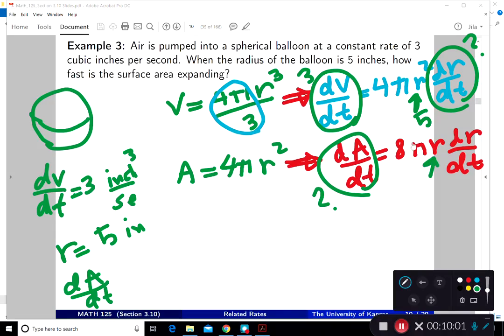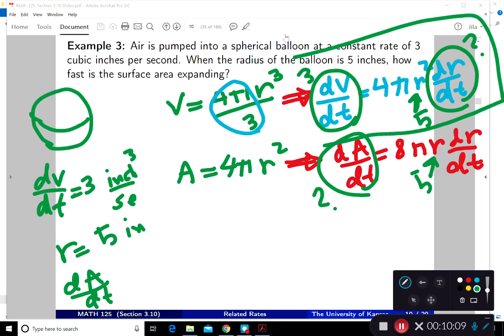But here, in the first equation, I only have one unknown, dr/dt. In the second equation, I have two unknowns, dr/dt and dA/dt. But I can solve for dr/dt in the first one and then plug it into the second one. And that's what I do.